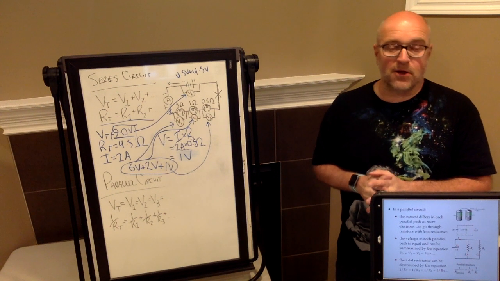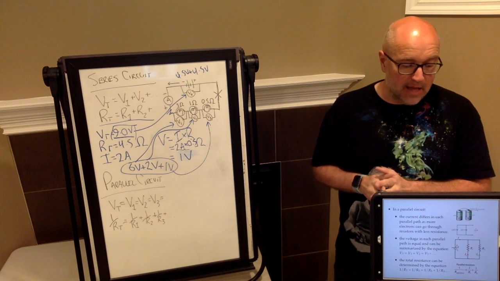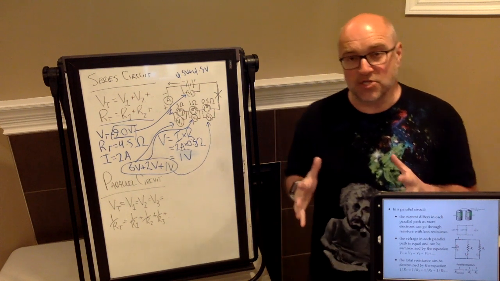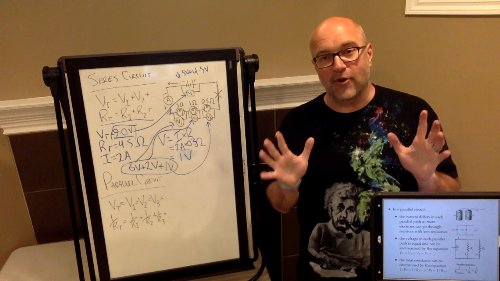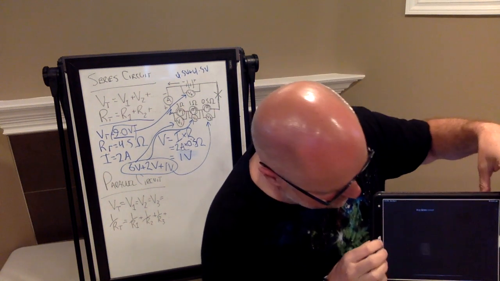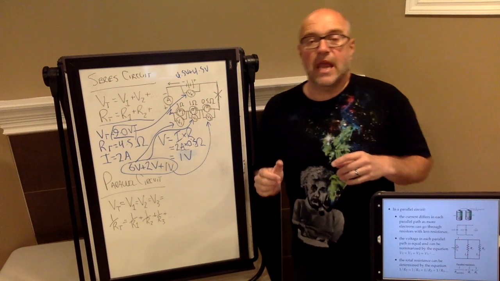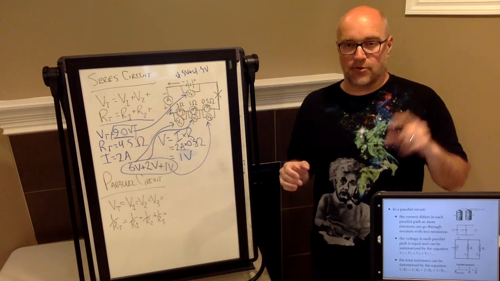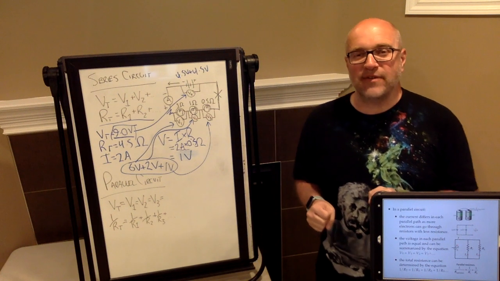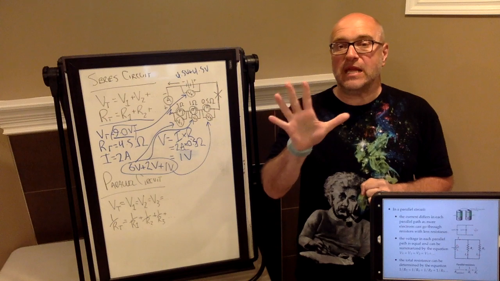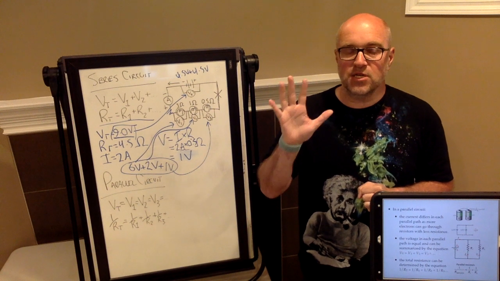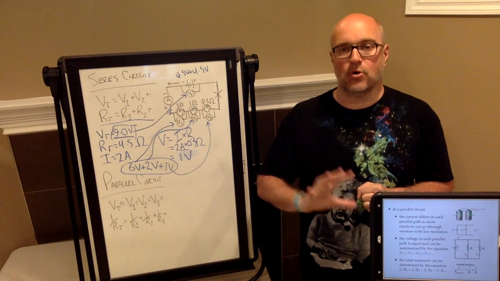Voltage of each of the parallel paths is equal and can be summarized by the equation. So that's the difference. In a series circuit, the voltage drops change, the current does not.